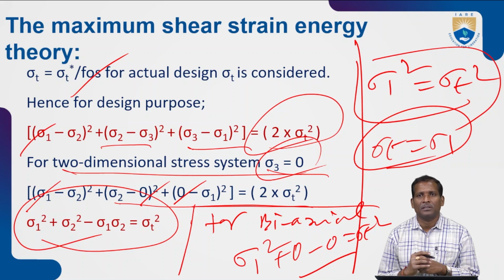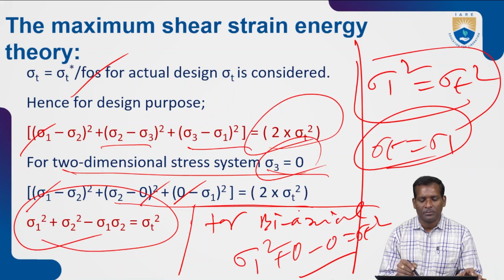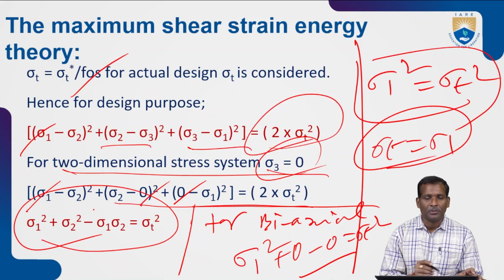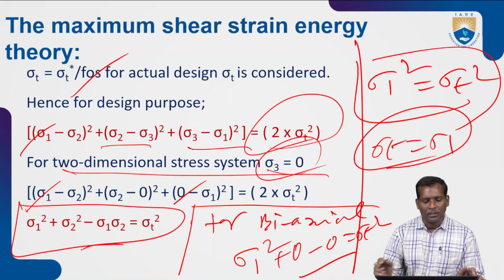In a two-dimensional stress system, only sigma 1 and sigma 2 are present and sigma 3 is 0. Clear? So the sigma 3 terms are 0, and substituting sigma 3, you will get the final equation for two-dimensional stress.